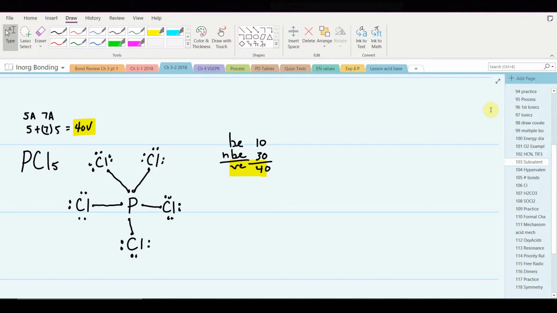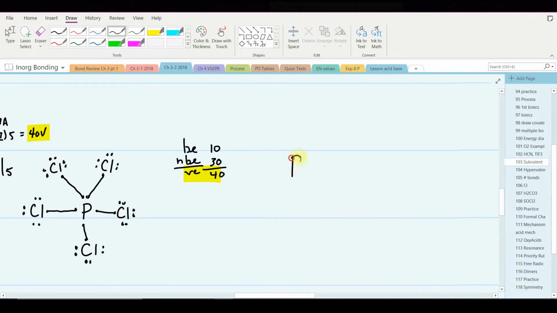Let's draw one more structure. How about this compound? This has the formula POCl3. It's called phosphorus oxychloride.